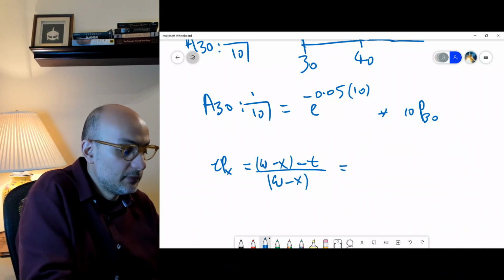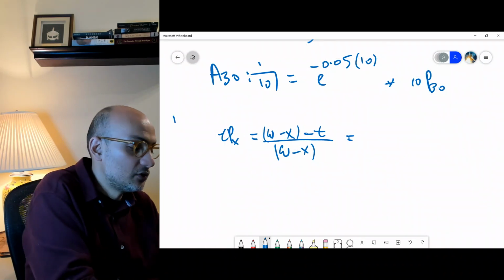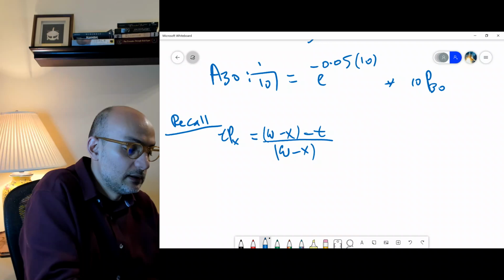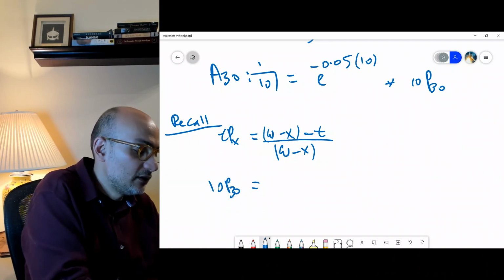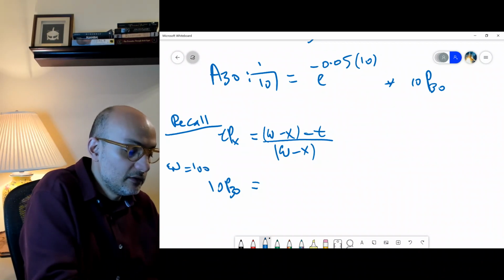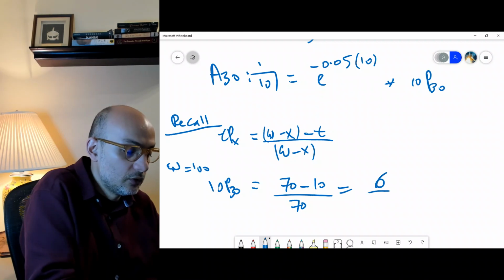By now we should know it. So 10p30, when omega is 100, is 100 minus 30, 70, minus t, which is 10, divided by 100 minus 30, which is 70, so it will be 6 over 7.